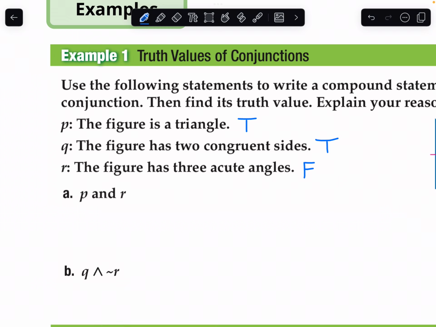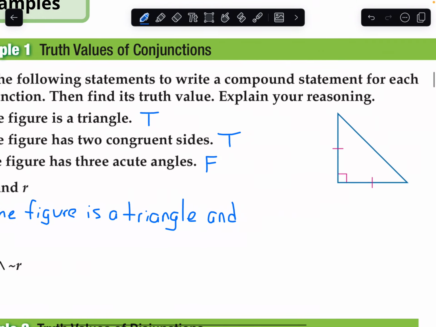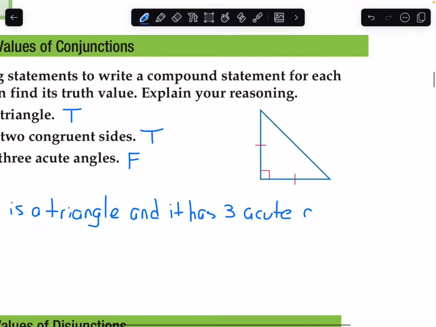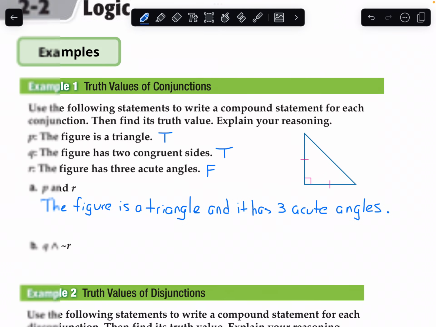So, P and R. P says the figure is a triangle, and R, the figure has three acute angles.